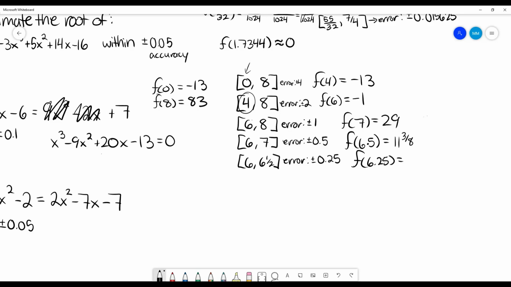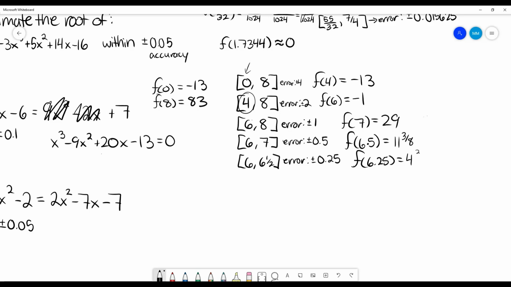So now we're going to go 6.25. And again, I'm just going to use a calculator to condense that for us. So that cubed minus 9 times, oh, not 6.5, I was messing that up. So it's 6.25 cubed minus 9 times 6.25 squared plus 20 times 6.25 minus 13.